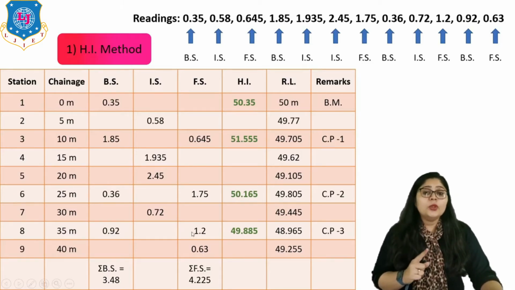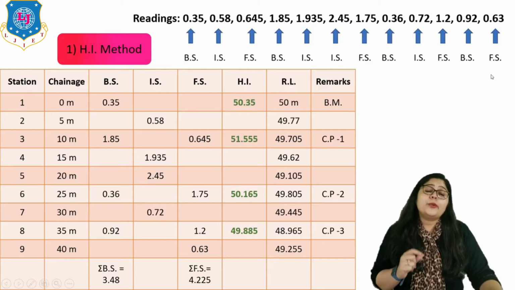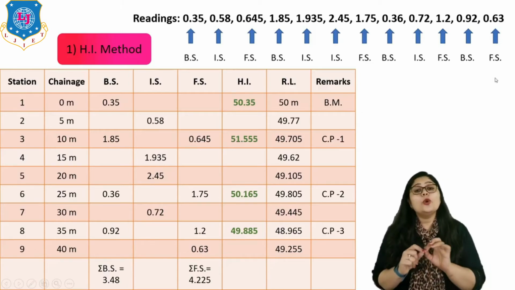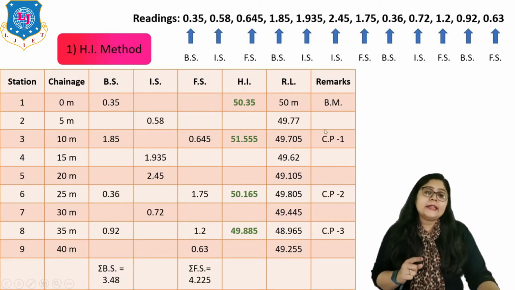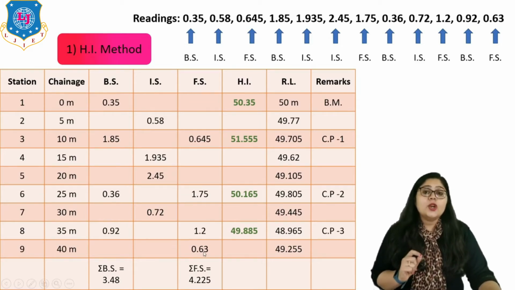Now you can see over here after 1.2 there is the next BS, that is 0.92, and the last reading is 0.63. It means there is no intermediate station, so there is no need to write in the IS section. You simply have to write in the FS, right? So you have put the value 0.63 in the FS column.